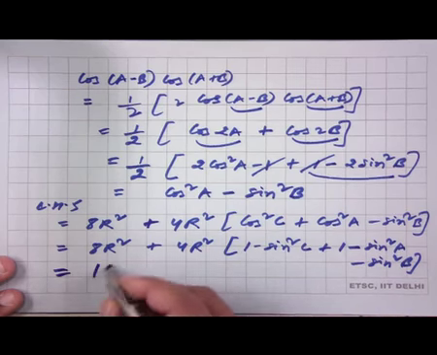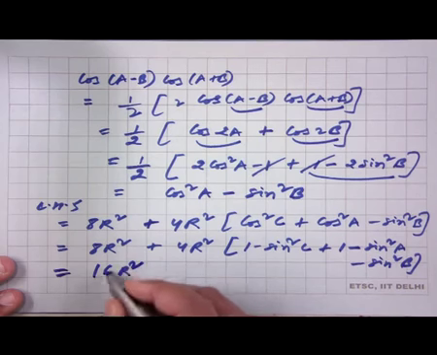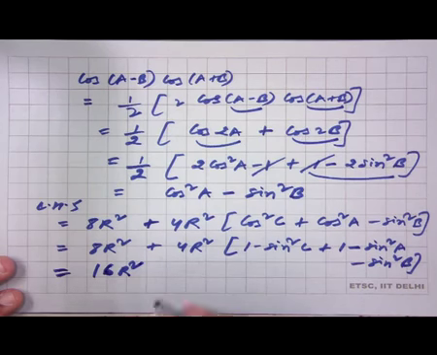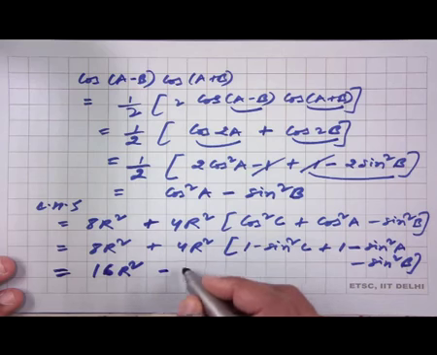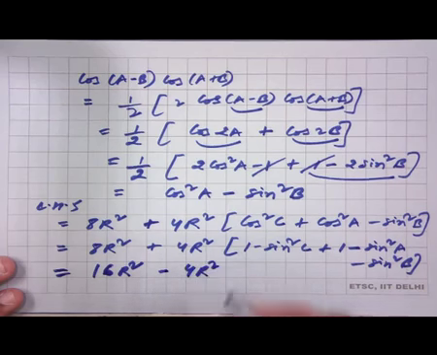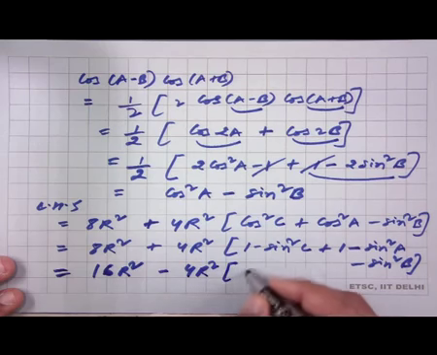So we get 16r square here minus 4r square into the sum of the squares of the sines.